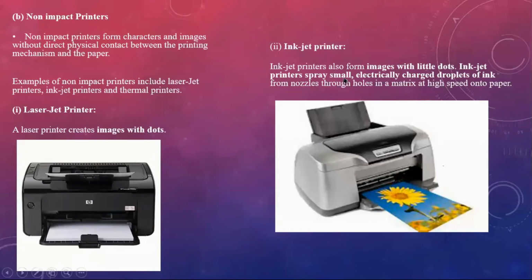The inkjet printer also forms images with little dots, except that the ink for printing these images and the characters will be produced from a nozzle. We have what we call nozzles in these printers, which have small holes through which the ink can be sprayed onto the papers. In these printers, this ink is always electrically charged.